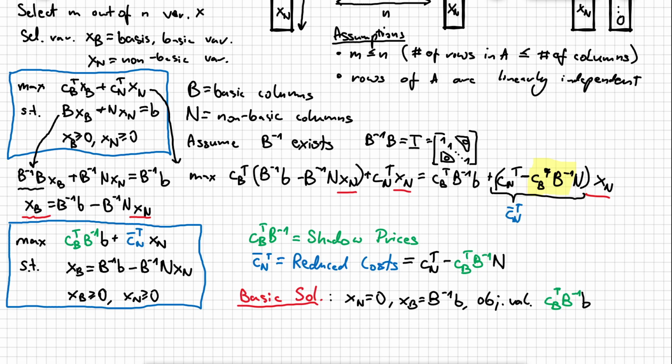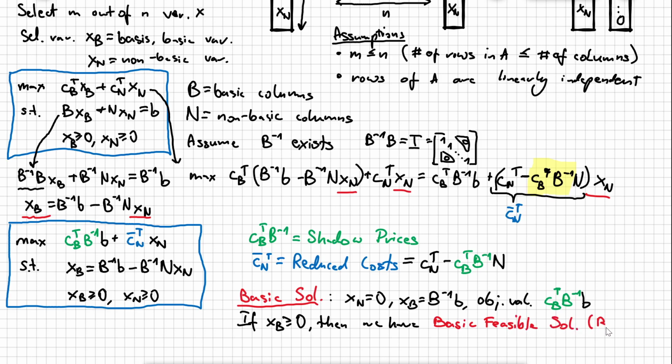So we could say if xb, all of them are greater than or equal to 0, then we have what we call a basic feasible solution, right?